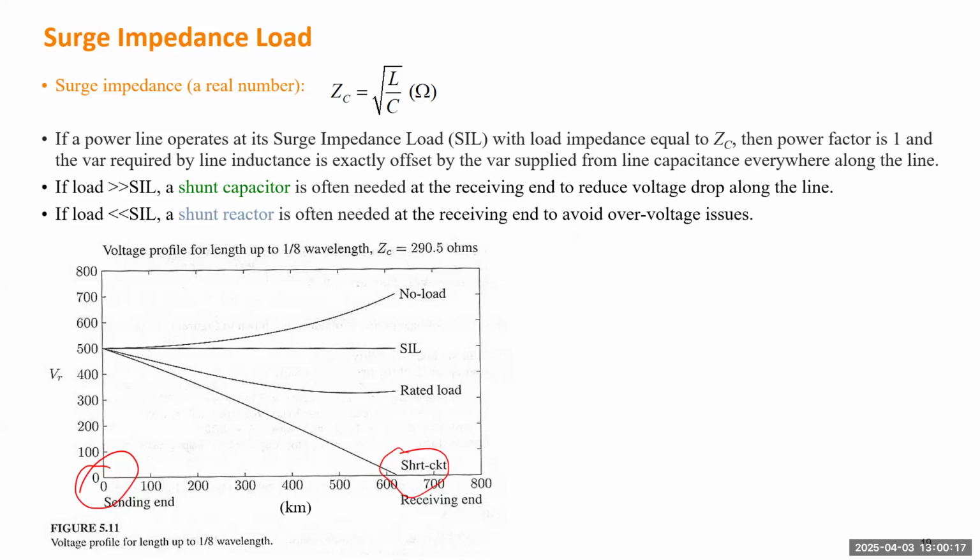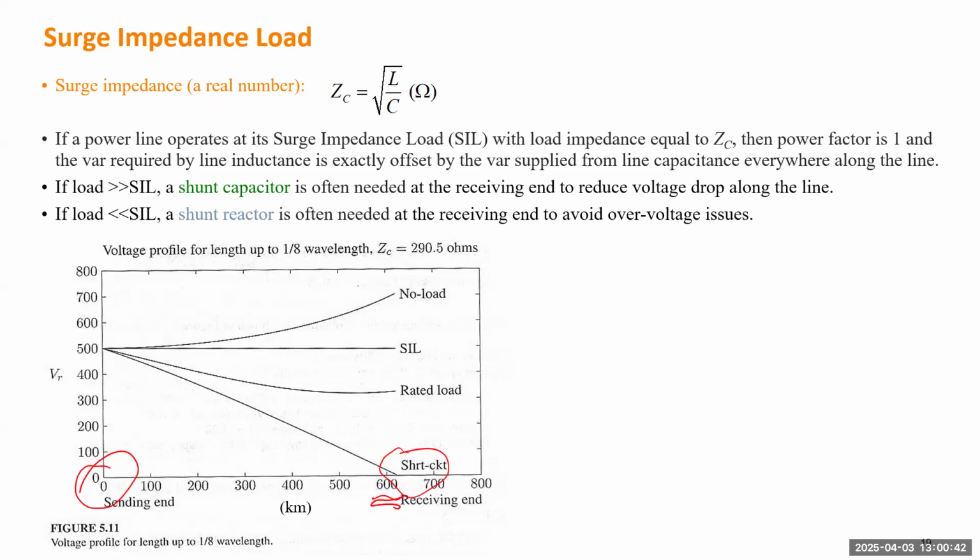Wavelength here means the wavelength of the electromagnetic field propagating within the conductor at the speed of light. If you operate a 60 Hertz system, you calculate the speed of light divided by 60, and that will be the wavelength. In this case, assume the transmission line is 1/8 of the wavelength, which is 600 kilometers long.